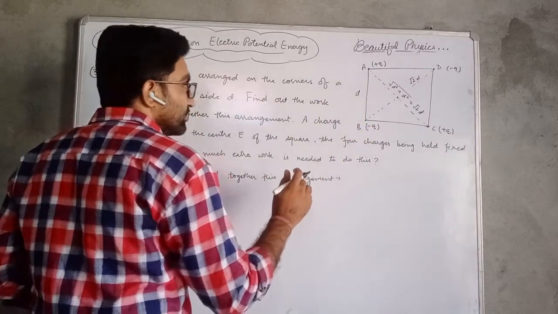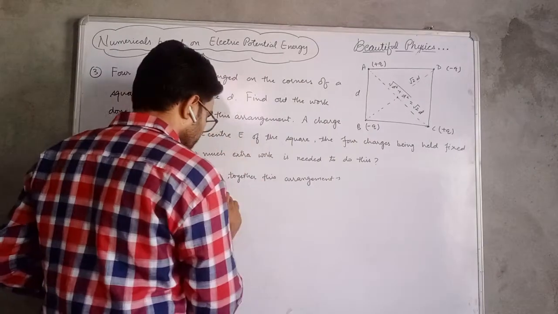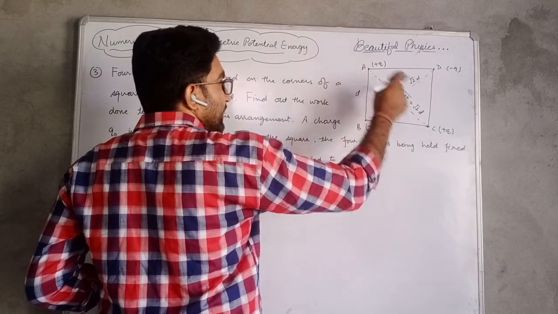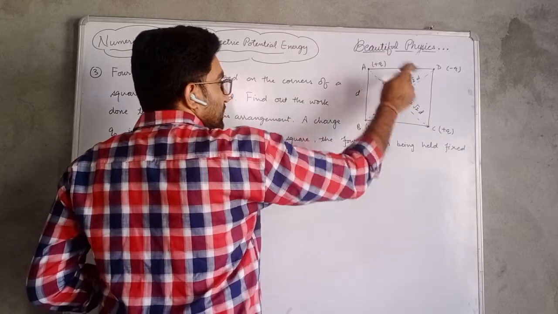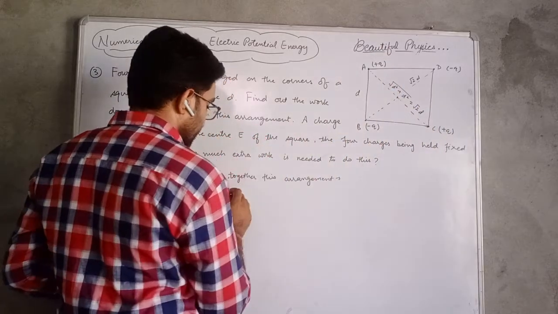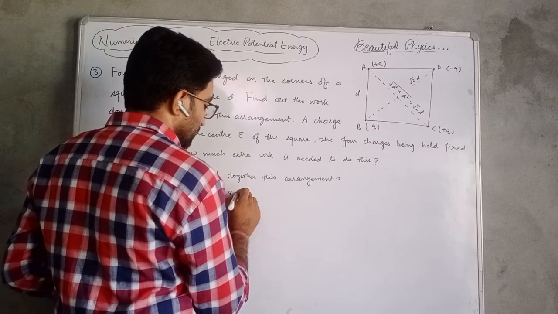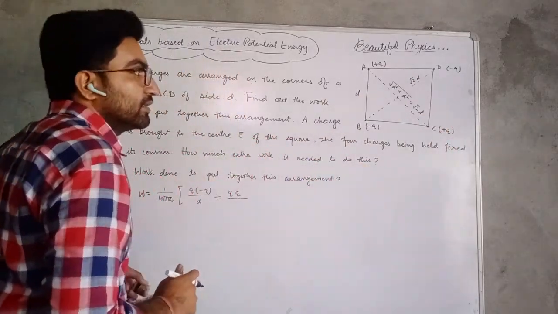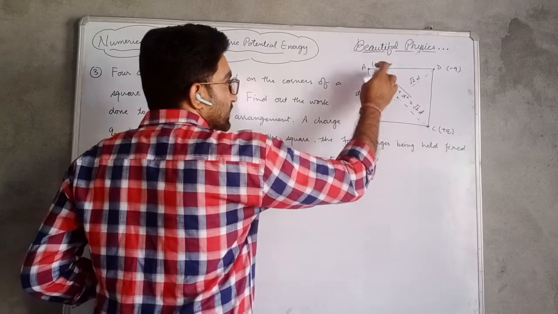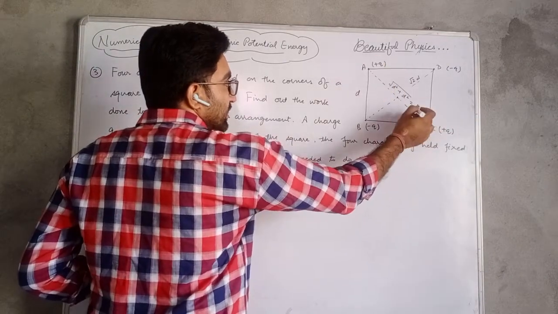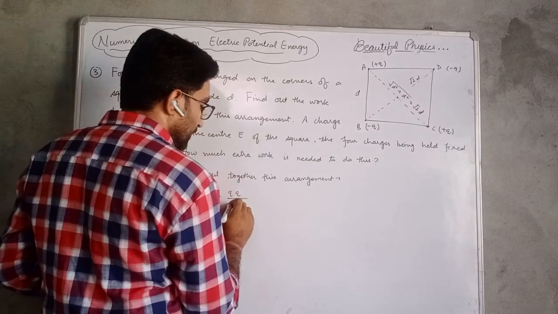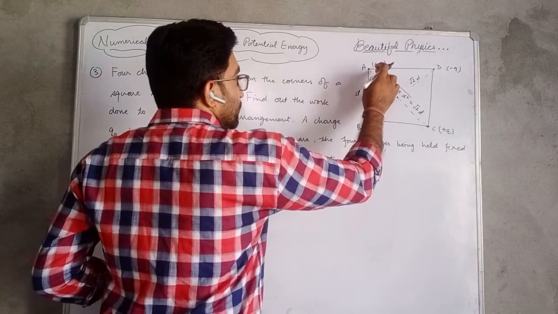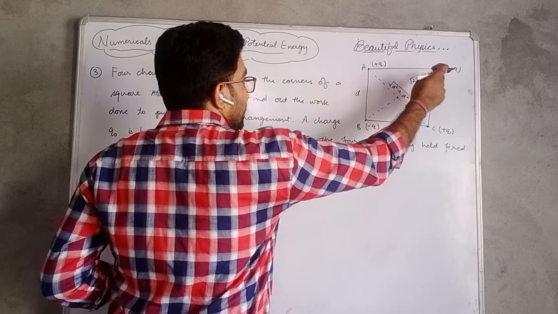And next one is the potential energy between the charges lying on the points A and C. It will be plus Q into Q, this charge and this charge multiplied by each other and divided by the distance between A and C, it is square root 2 d. And next one is the potential energy between A and D.